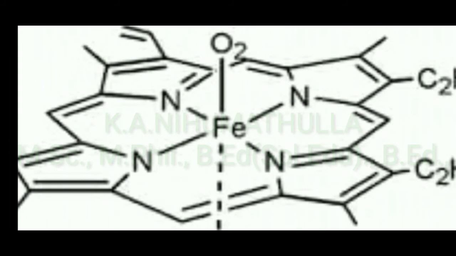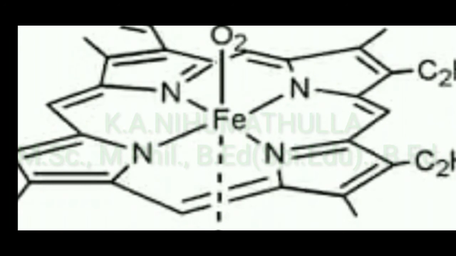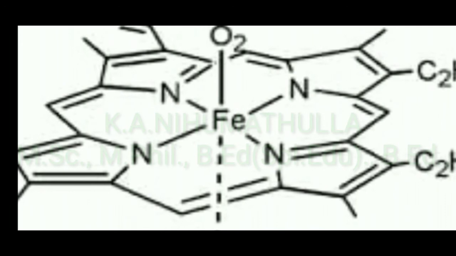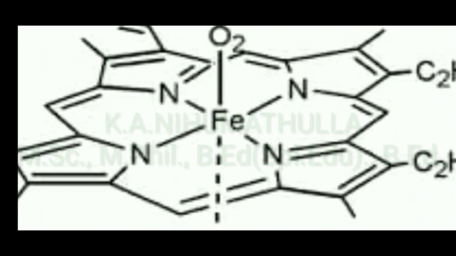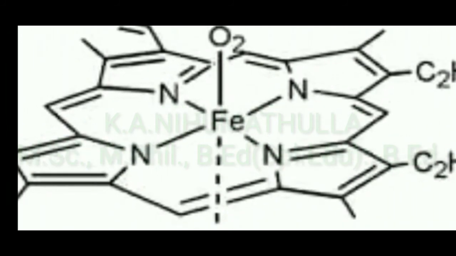Among the 6 coordinate positions, 4 positions are occupied by nitrogen of the porphyrin ring structure: left 2 nitrogen, right 2 nitrogen.